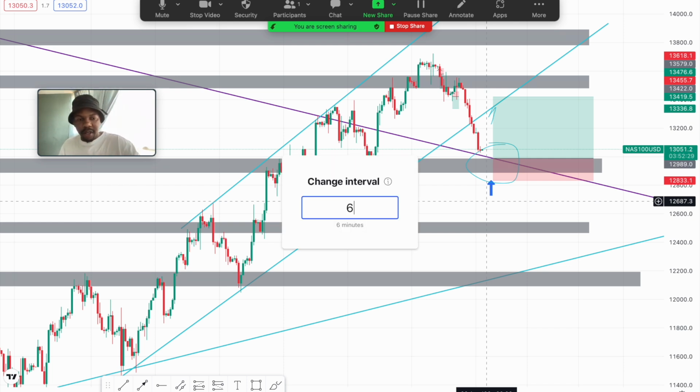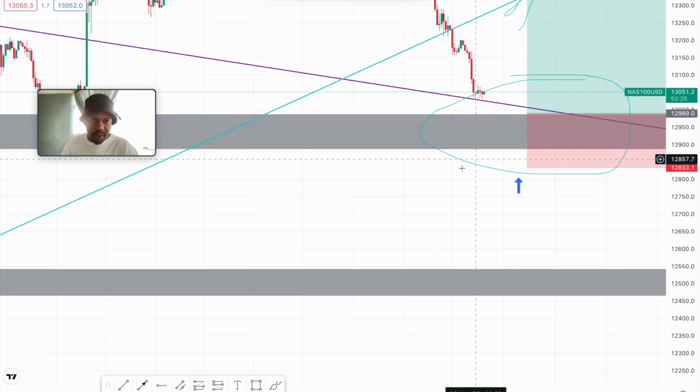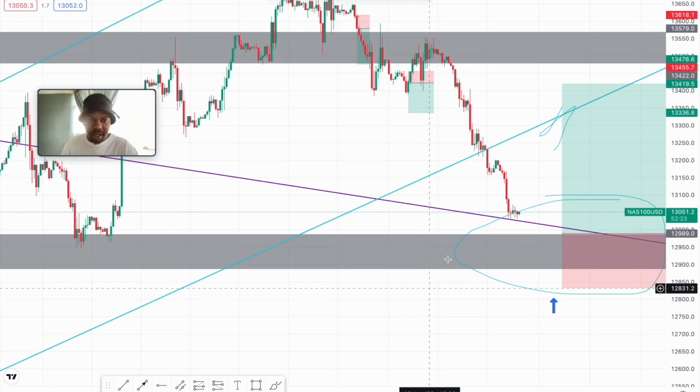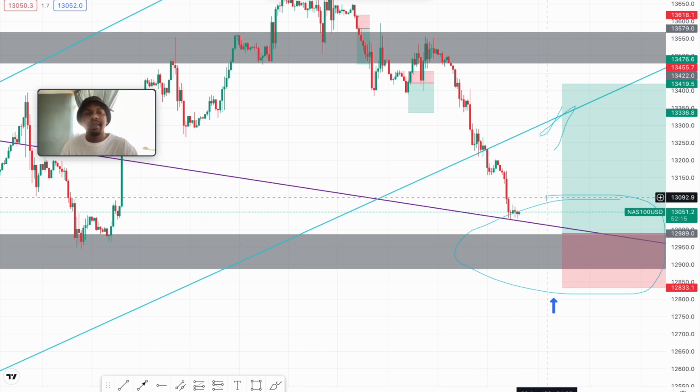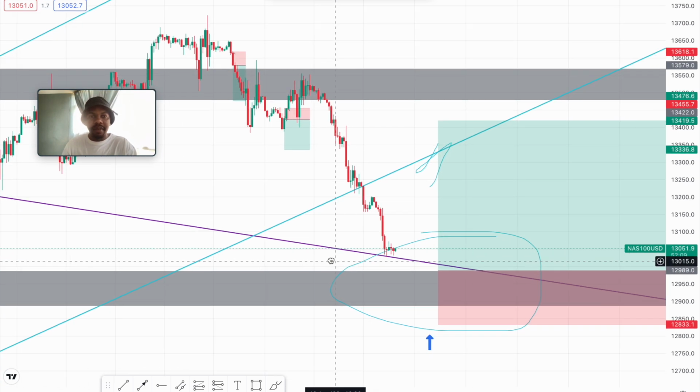So in the H1, last but not least, we can look for setups there, and as you can see, the market is already starting to reject the structure that we have here, like the trend line. You can see the way the market is moving now, it's consolidating for a couple of hours since we're on the H1 time frame.